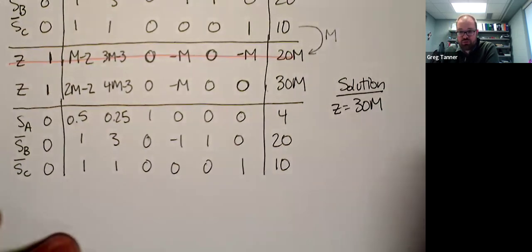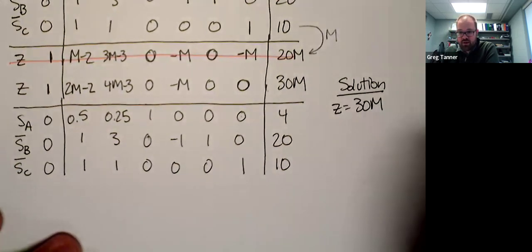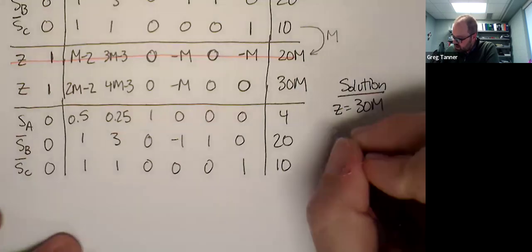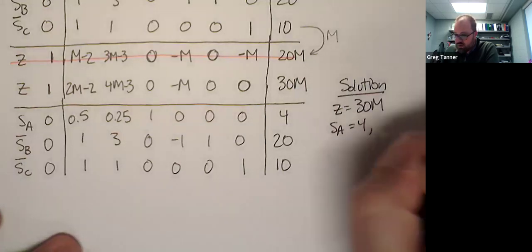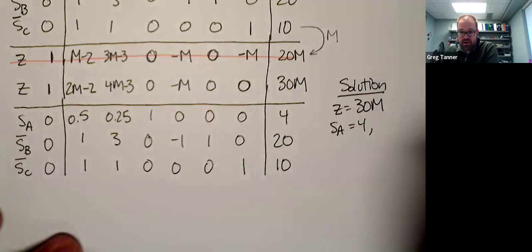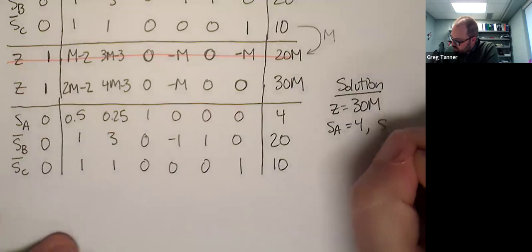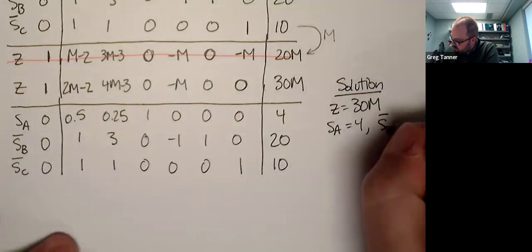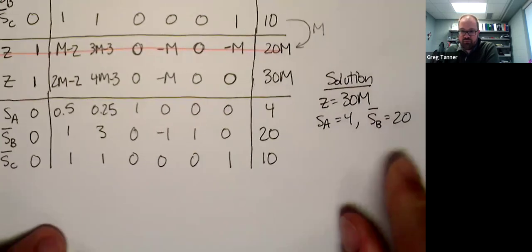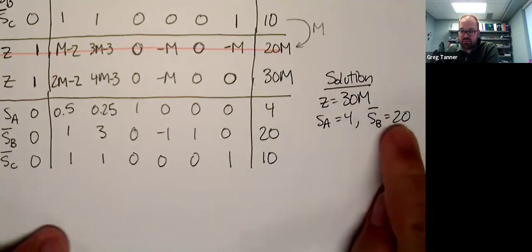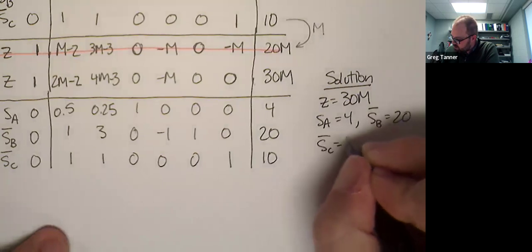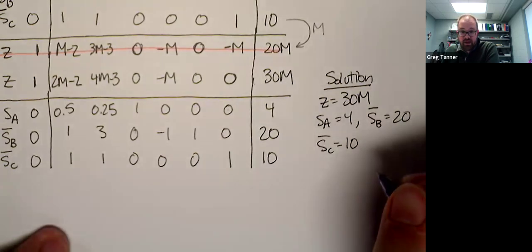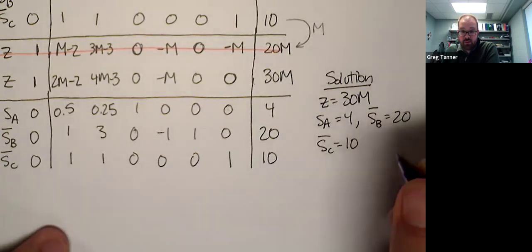So it's a huge starting value for our objective that we're trying to minimize. SA we've got equal to 4, so we've got 4 units of slack in the first constraint. That's fine. Our artificial B variable is 20, which means we're violating our second constraint by 20 units. And our artificial C variable equals 10 because we're violating that constraint by 10 units as well.